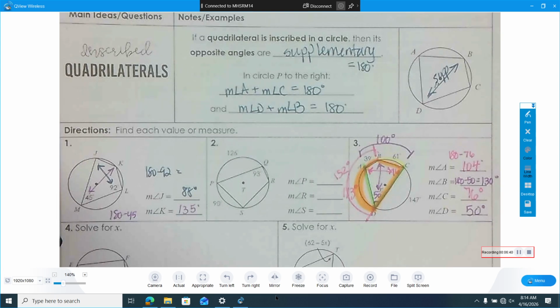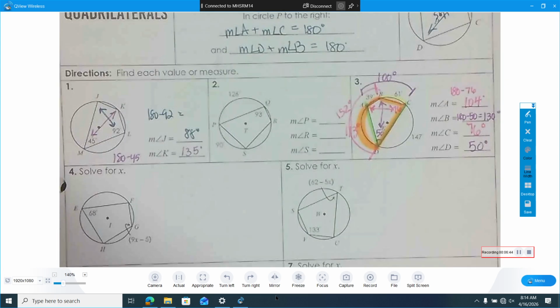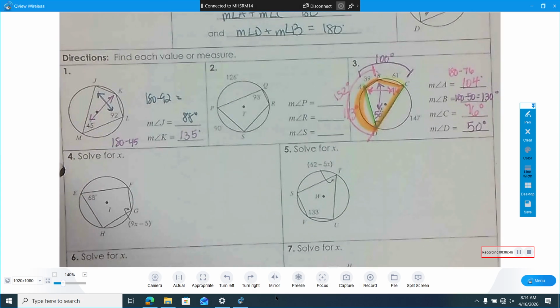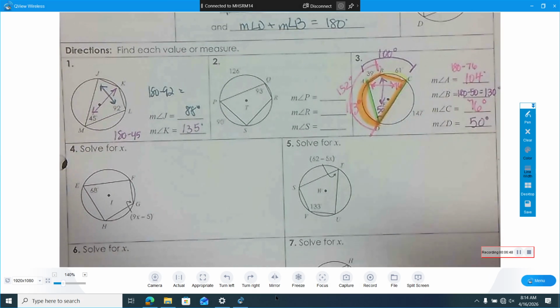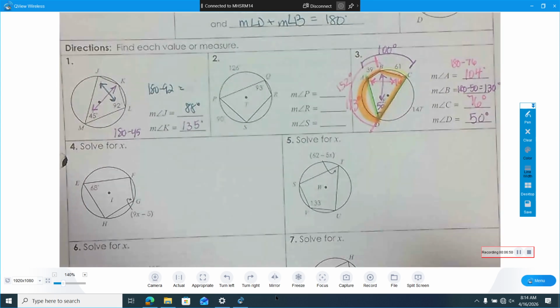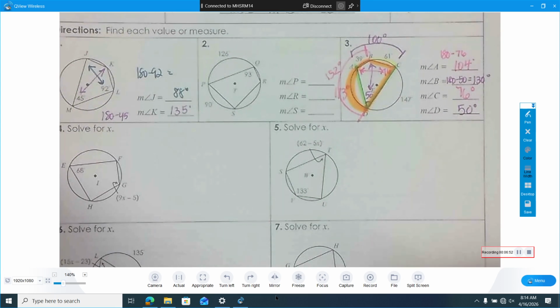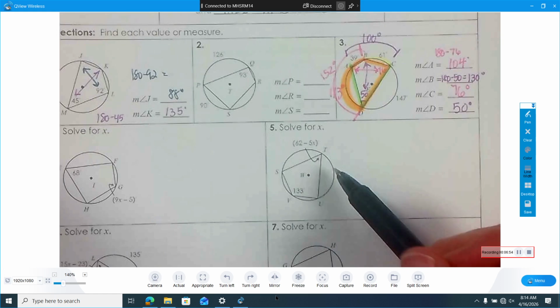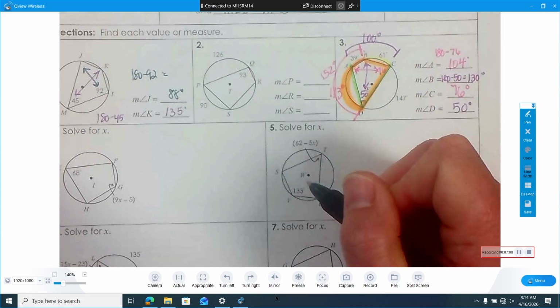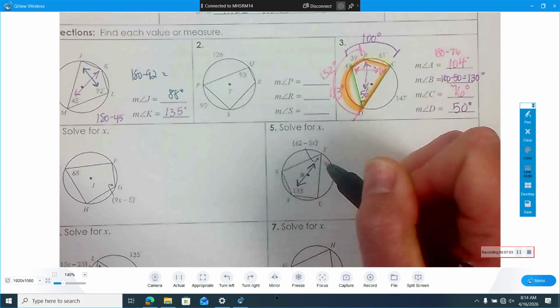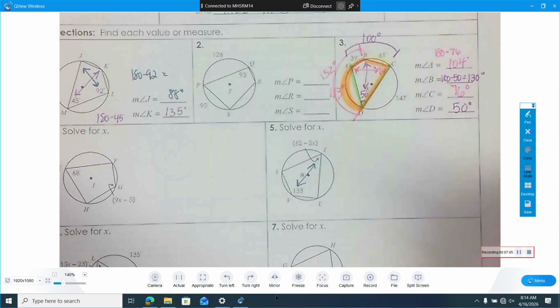So I do like these worksheets because they really put a lot of stuff together. Let's look at number 5 here. Number 5, we want to solve for x. What equation could we write? Angle T plus angle V, they're supplementary.